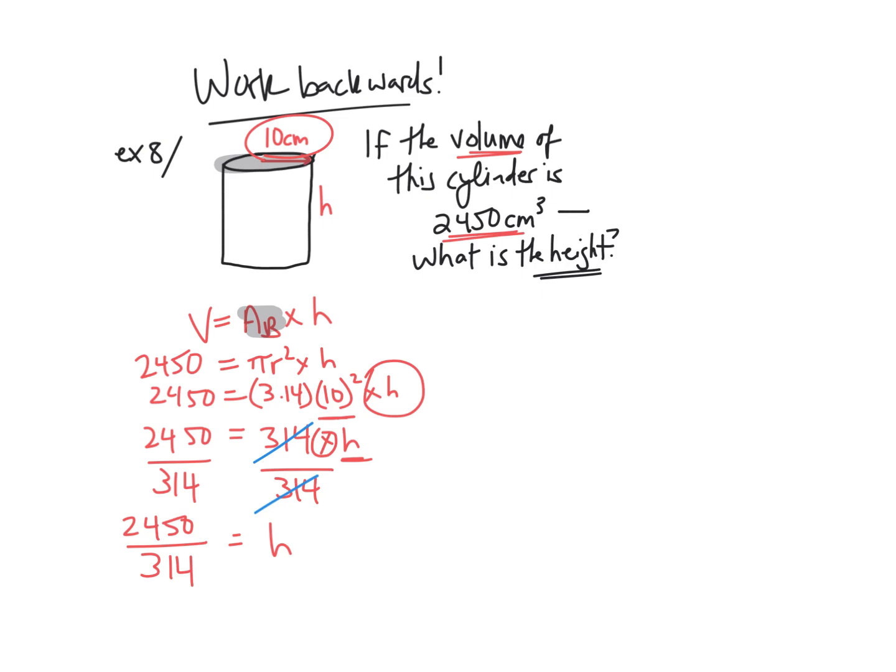So now we just need to process what's 2450 divided by 314, and I've got to get up my calculator. Okay, it's 7.8. So h is equal to 7.8. What are our units? It was centimeters. So the height is 7.8 centimeters. Seems to make sense.